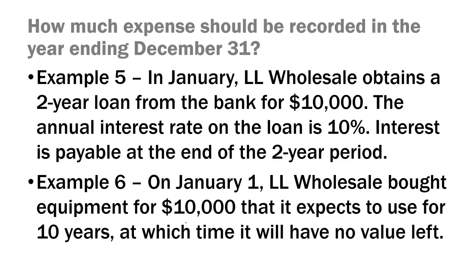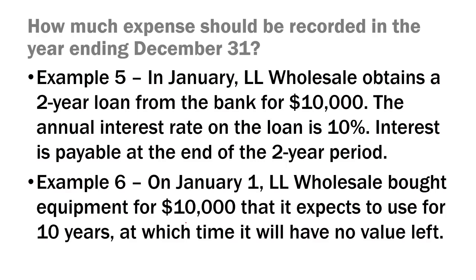So between January and December 31st, the company continues to build up an obligation to pay interest as it's using that $10,000 loan to help it generate revenues. So at the end of the year, December 31st, it clearly has an obligation at that point to pay a year's worth of interest, but does not have to make payment until the end of the second year.